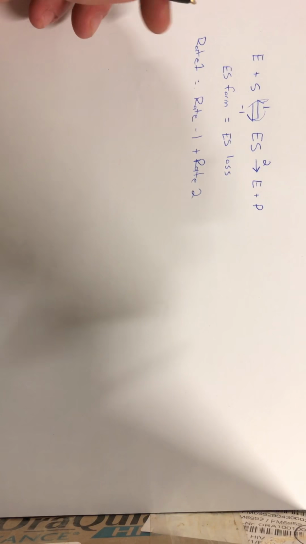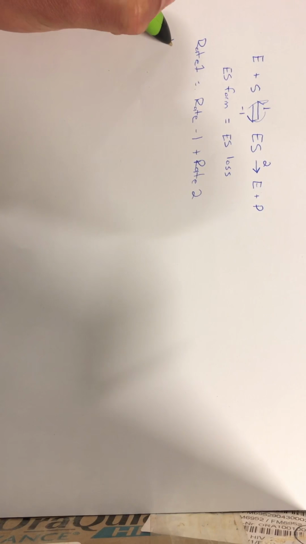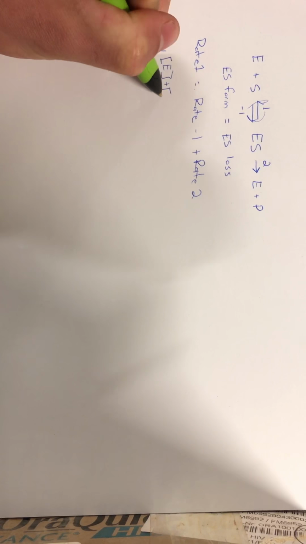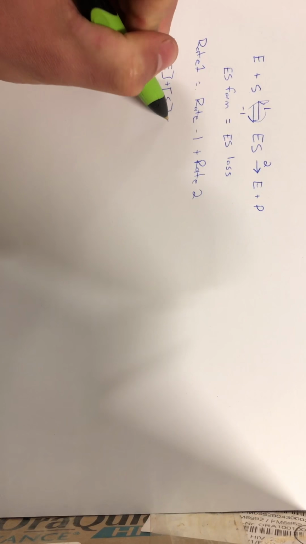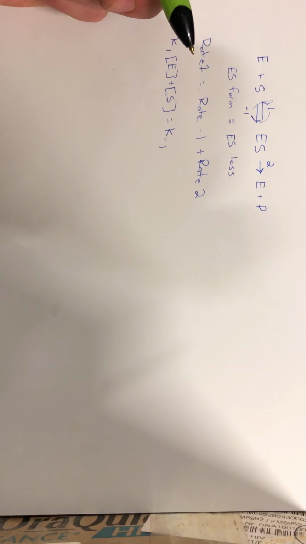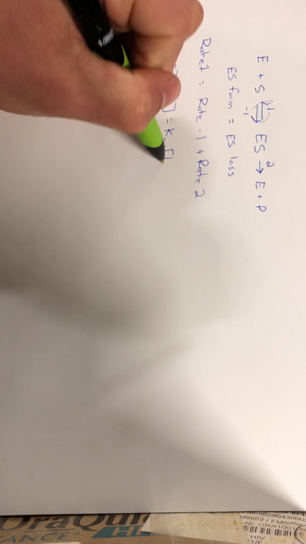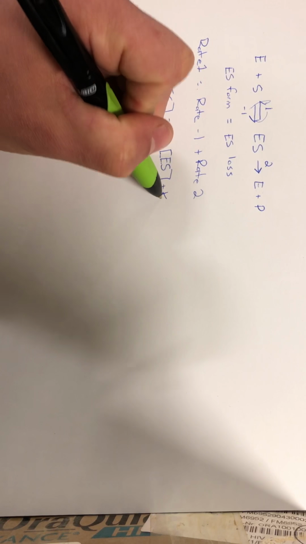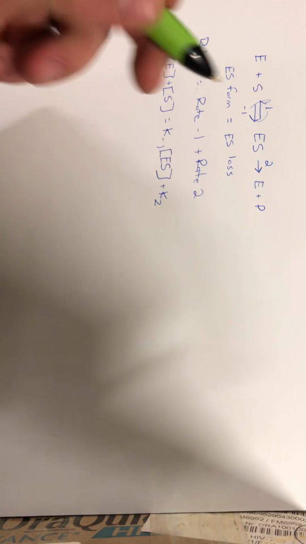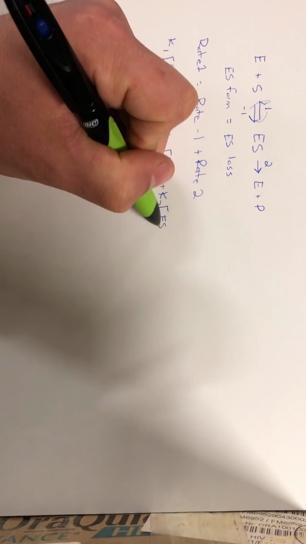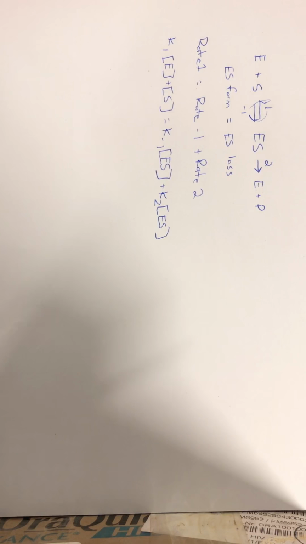So for rate 1, we'd have K1, which is our enzyme plus our substrate, is equal to, just like above, our -1 rate, which is enzyme substrate, plus the third rate, K2, which is enzyme substrate.